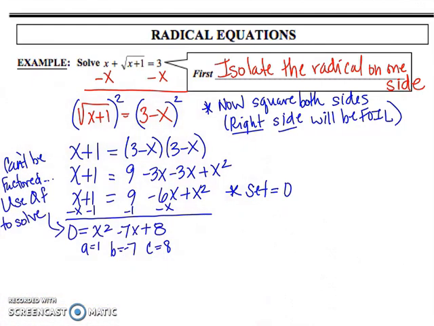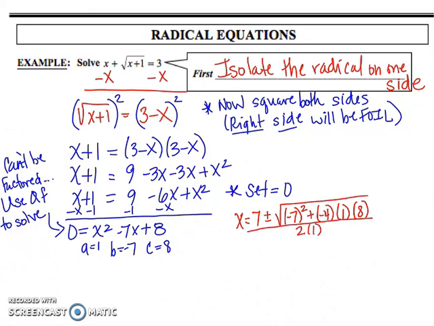Okay, so when I plug everything into the quadratic formula, I get x equals the opposite of b. B is negative 7, so positive 7 plus or minus the square root of negative 7 squared plus negative 4 times a, which is 1, times c, which is 8, all over 2 times a, which is 1. And now I simplify. 7 plus or minus the square root of negative 7 squared is positive 49.